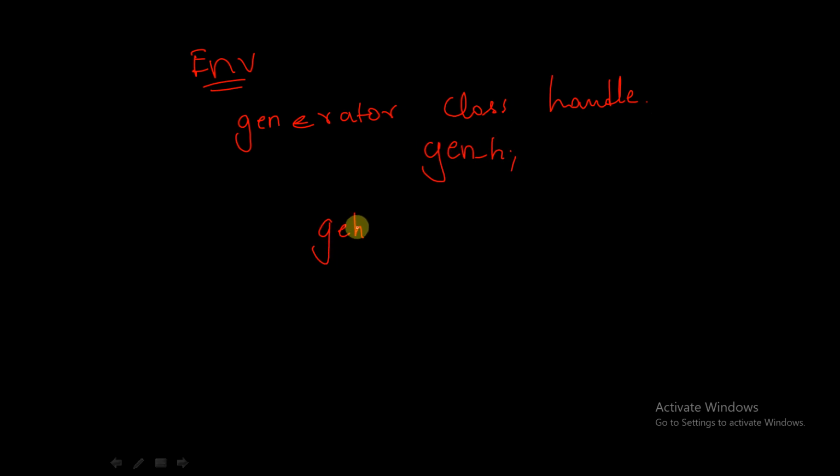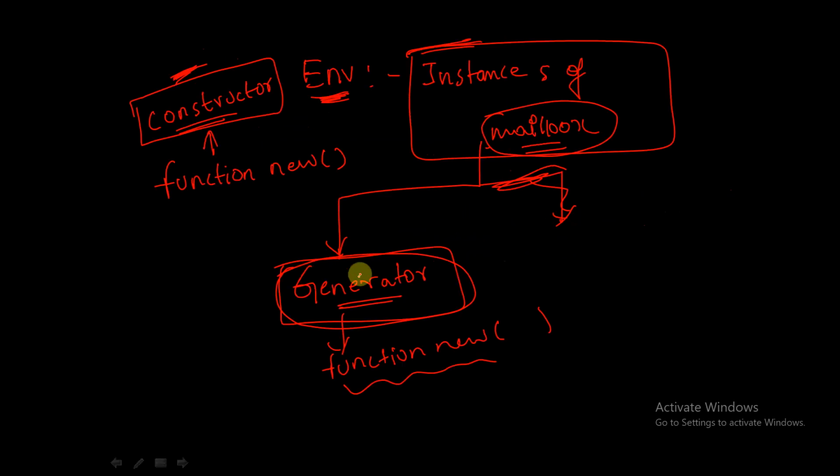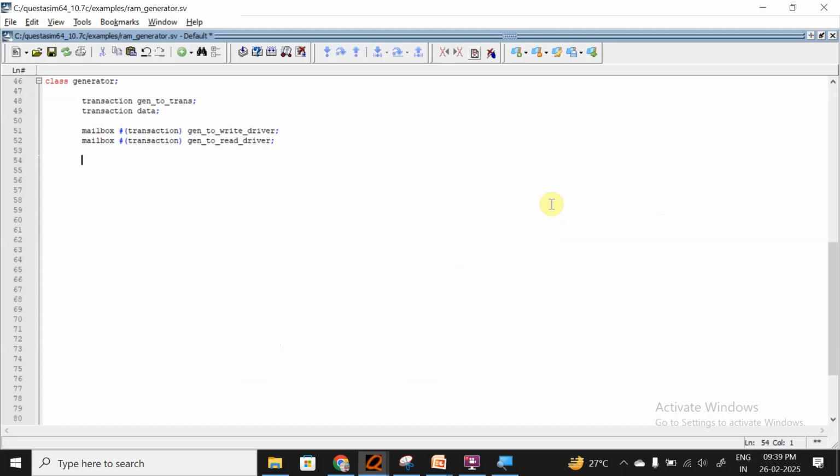We are going to create the instance of the generator by using the keyword new, and when we are creating the object, we are going to pass the mailbox handles to this generator, because the generator has a function new which is expecting mailboxes. So this is what we are going to do for passing the mailbox instances from the environment to the generator.